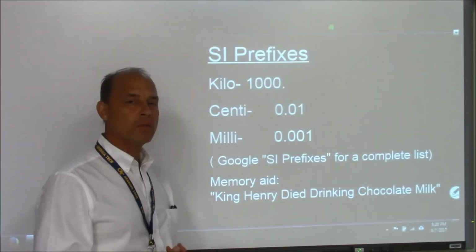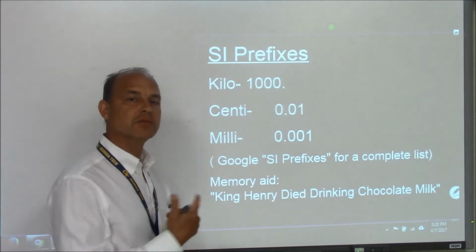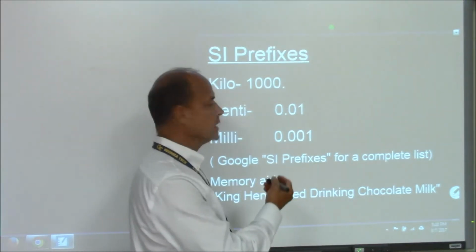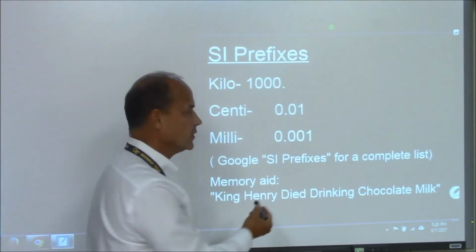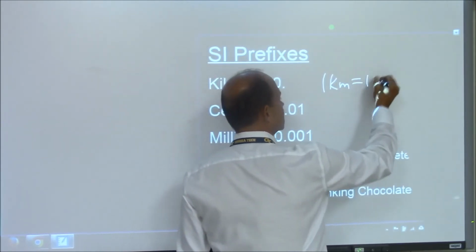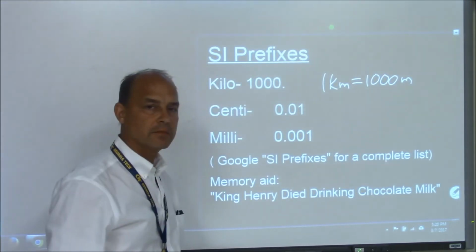I want to make one more comment about SI prefixes. Actually, I just want you to make sure that you have in your notes these relationships, because this might not be as clear to you as this is. In 1 kilometer, there is 1,000 meters, okay?